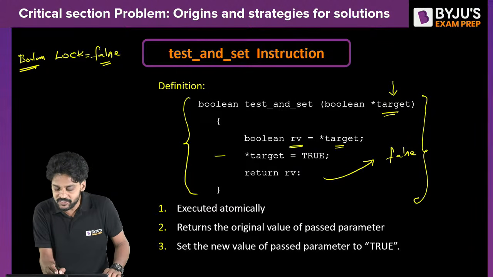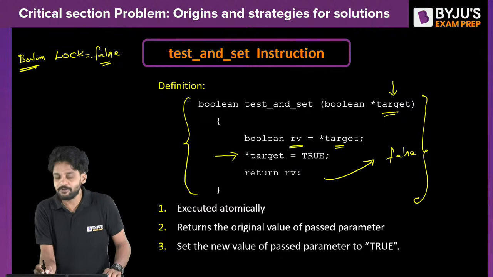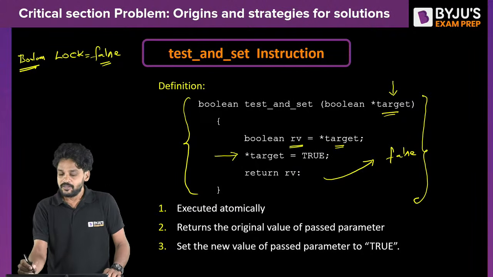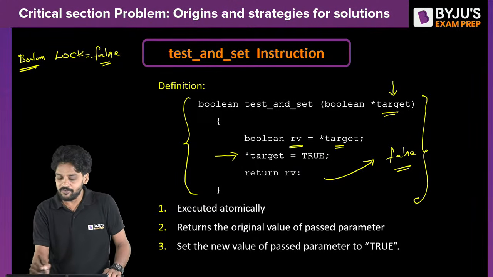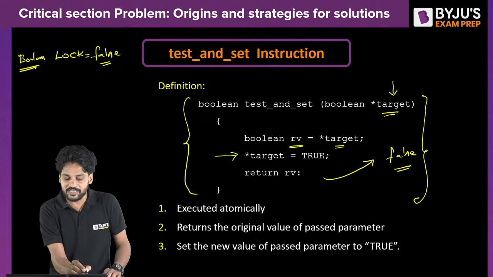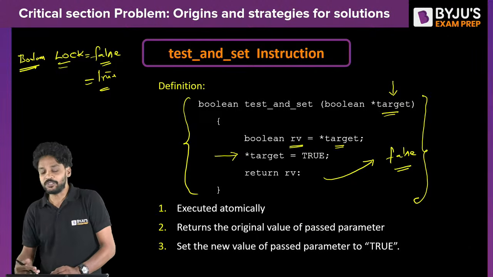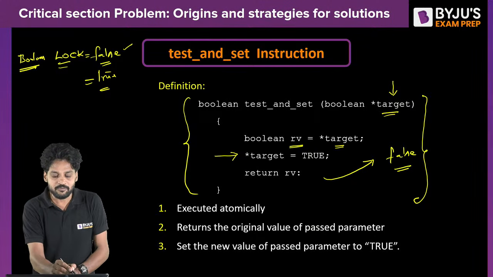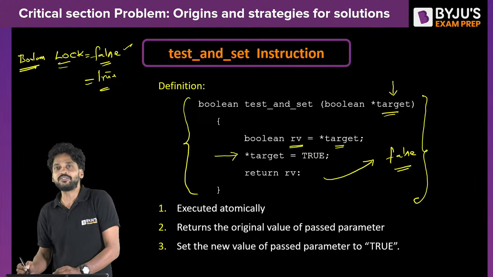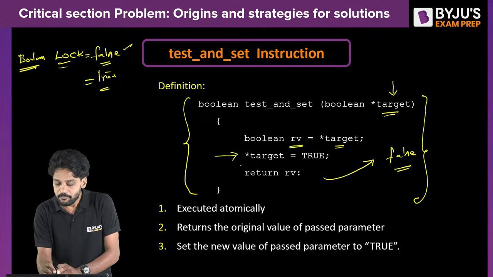Meanwhile, you can see this instruction, target is equal to true. This function returns false. Meanwhile, this target, which is actually the lock, will be set to true. So any process which wants to enter into the critical section, if it finds that the lock value is equal to false, will be able to enter into the critical section by making the lock value true.